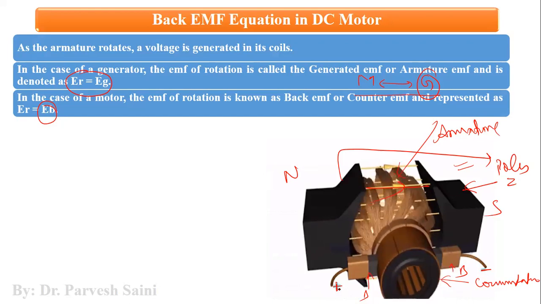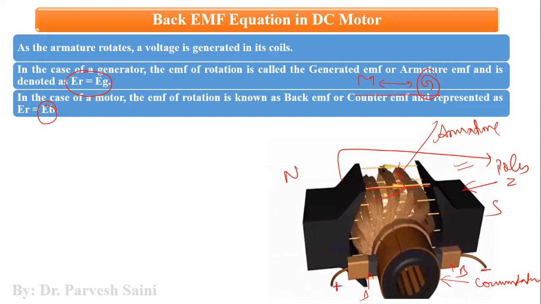Now when you provide a current to the armature of a motor, because you have a current carrying conductor placed in the magnetic field, this motor will start rotating, and the direction of rotation will be given by Fleming's left hand rule. Now we have got the motor action, but you can see here you have these conductors which are cutting the flux.